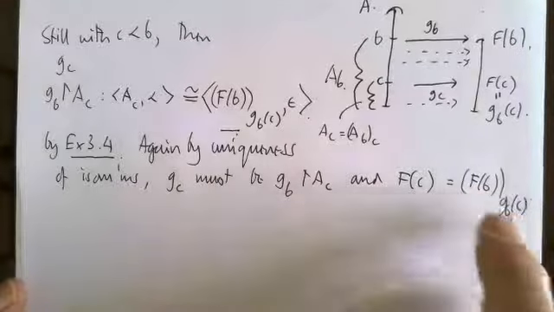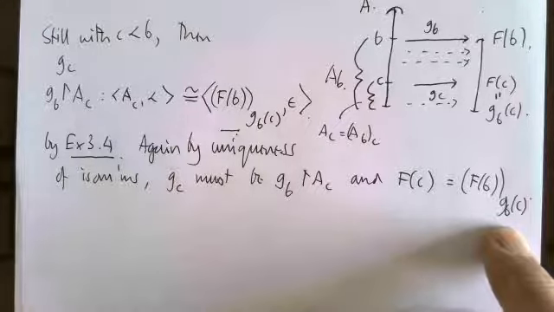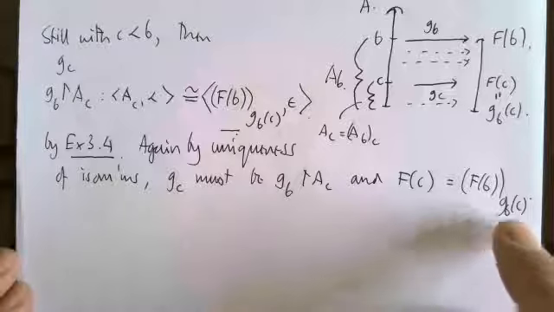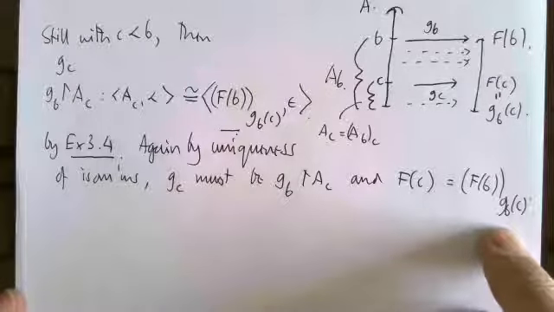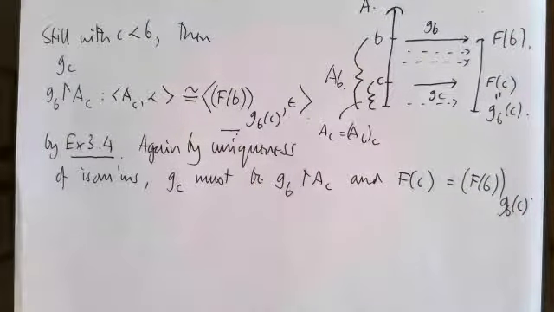So I've got here this initial segment of an ordinal, f of B cut down to this, and this initial segment of an ordinal here must be a member of f of B. This is by 3.12.